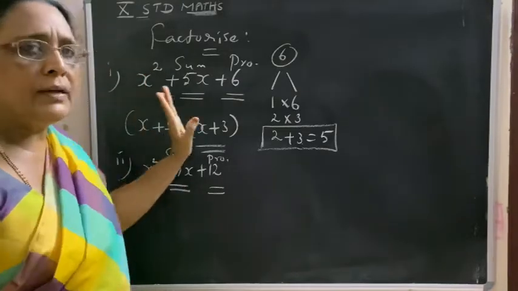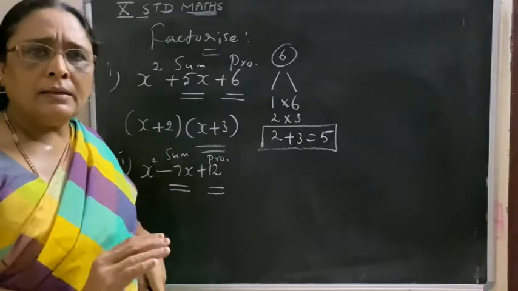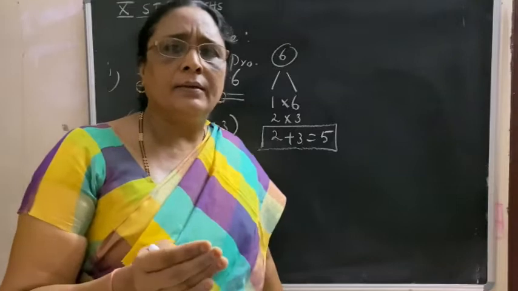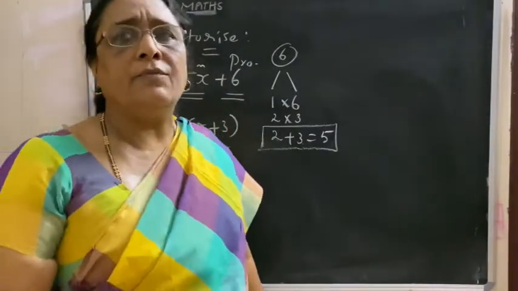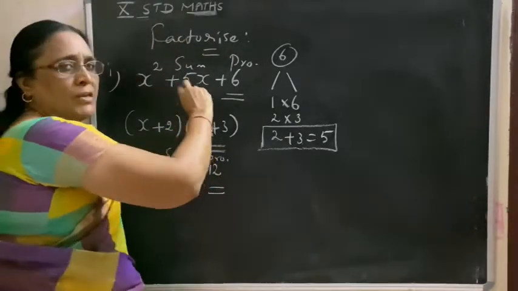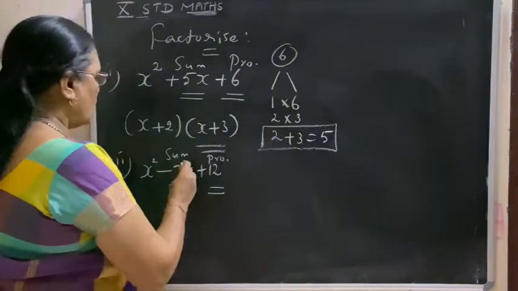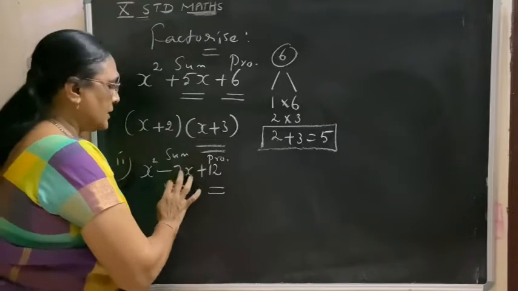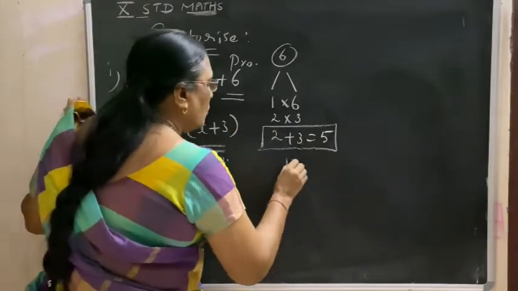Right? But what is the difference between the previous one and this one? You do the factorization the same as the previous one. But after getting the answer for the factors, while writing them, you have to put the negative sign for both the factors. That is the difference between the previous one and the second problem. Now, if you add the two numbers, you have to get 7, and if you multiply them, you have to get 12. So how to do this?